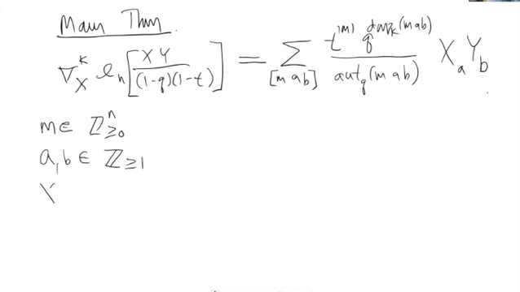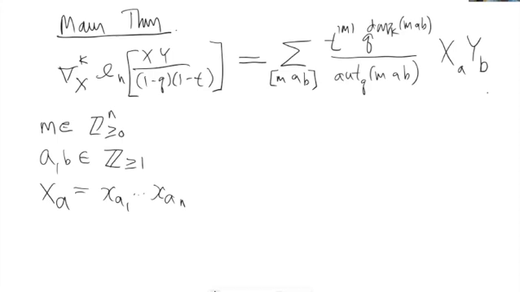X to the A, as usual, this refers to x to the A1, x to the AN. So in other words, the elements of A encode the labels of the variables x. And if I write x subscript A, some papers write it as a superscript. I usually like to write it as a subscript because they are the subscripts. This is just the product of the x's with those labels.